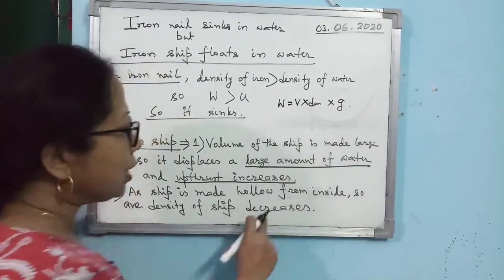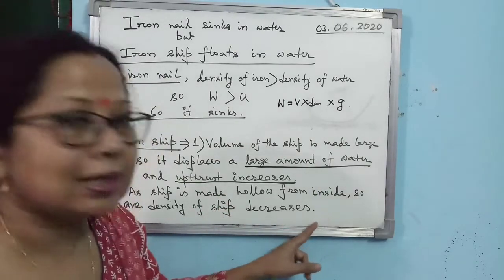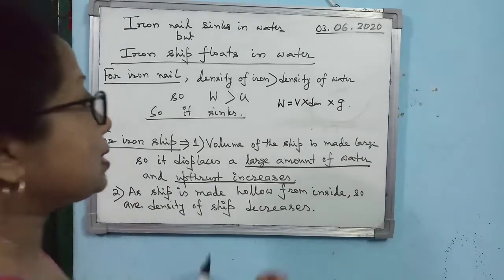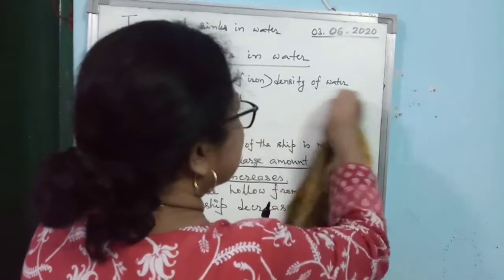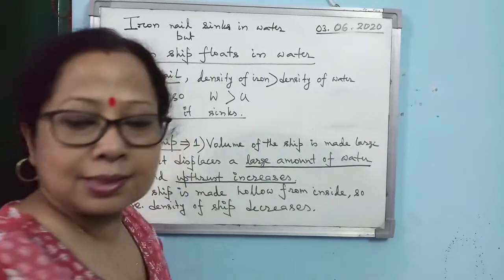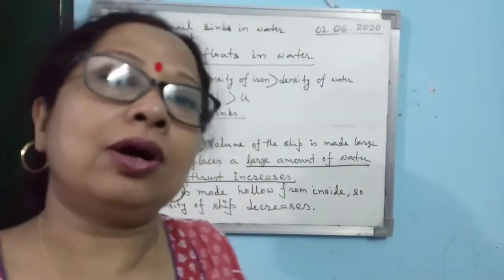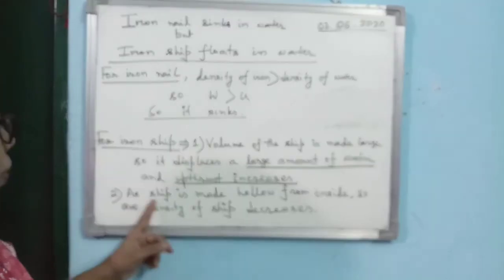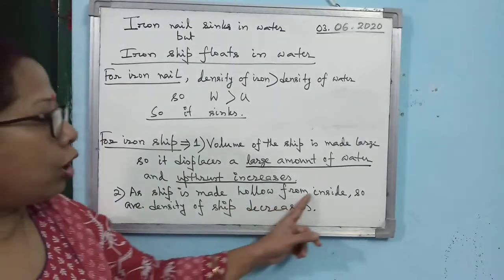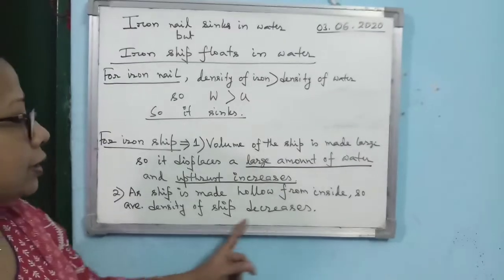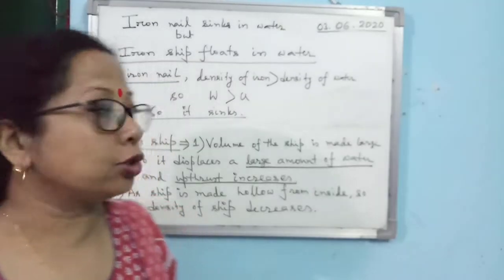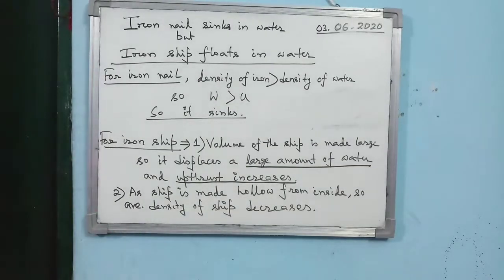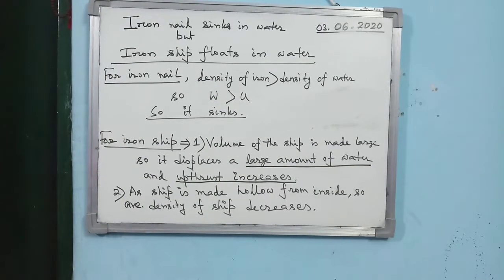So we are decreasing the density. You see what is cleverly done: upthrust is increased and weight is decreased, so that weight and upthrust can balance each other, and the iron ship can float. The ship is made hollow from inside, so the average density of the ship decreases. So these are the two causes why an iron ship can float in water.